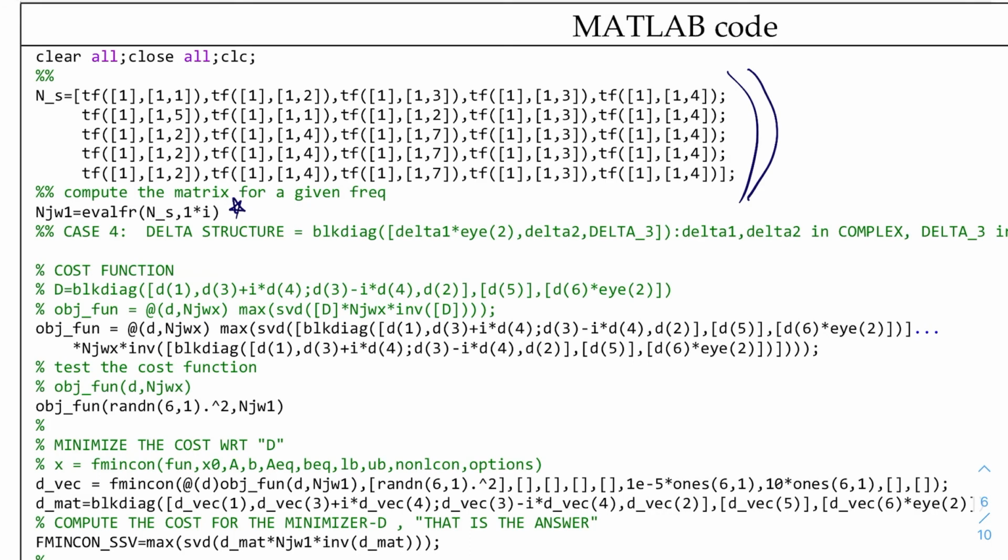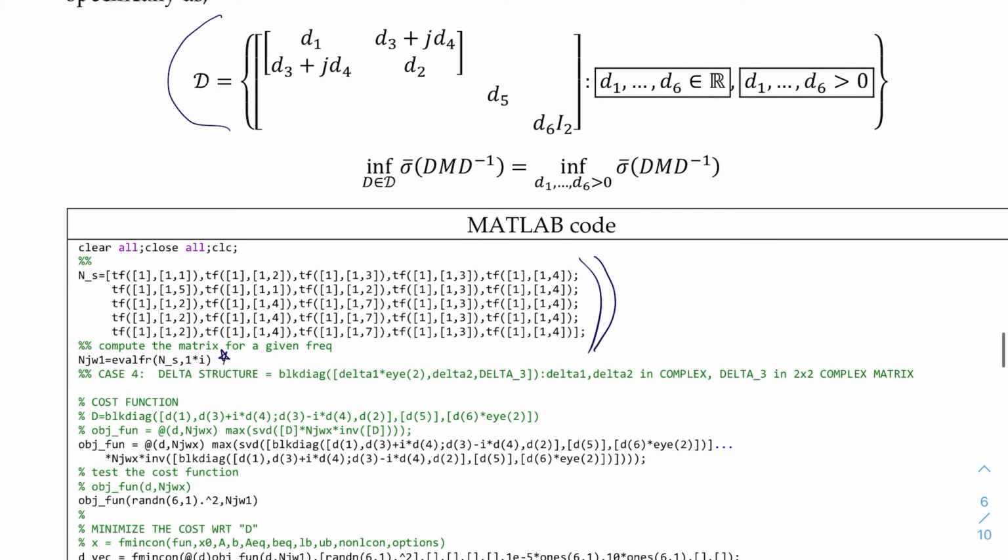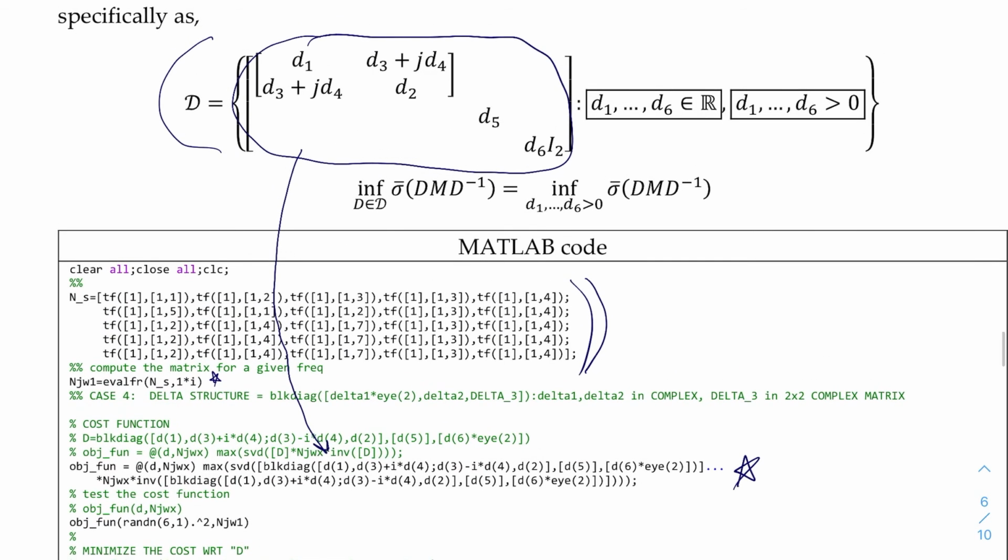Here, we know what that is. This matrix and this line, they're just the same, right? Let's look at that. D1 and D3 plus j D4.